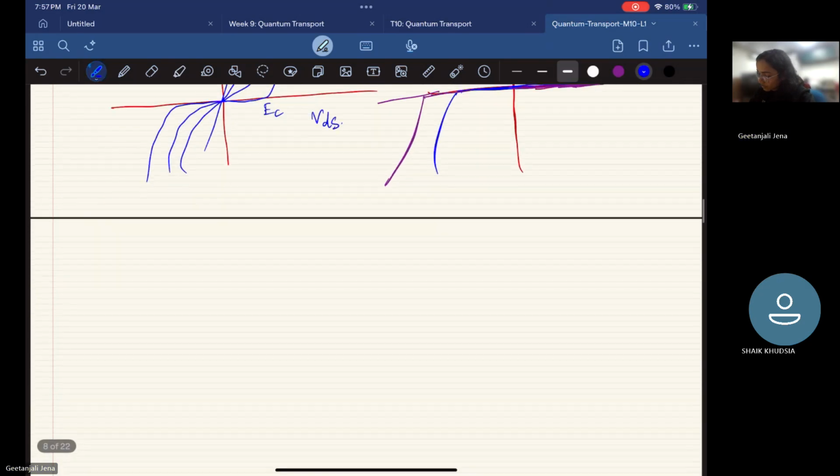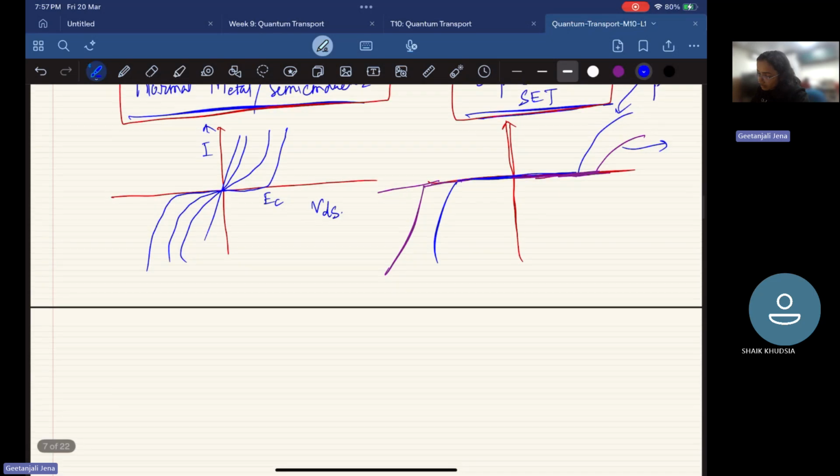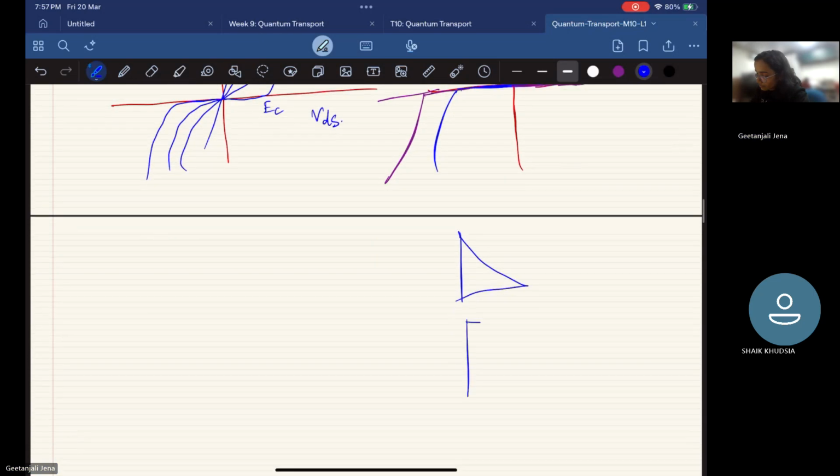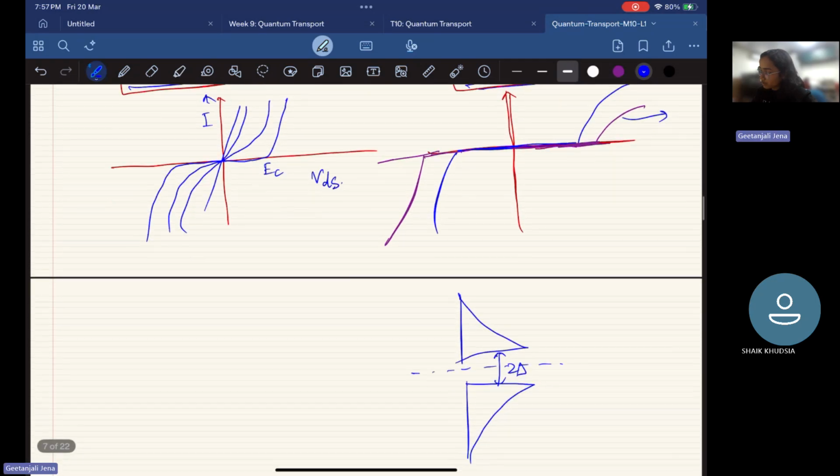So what I mean is that for the Cooper pair, if you look at the superconducting energy band diagram, this is 2 delta, right? If you have a voltage corresponding to it, the Cooper pair can also show the Coulomb blockade oscillation.